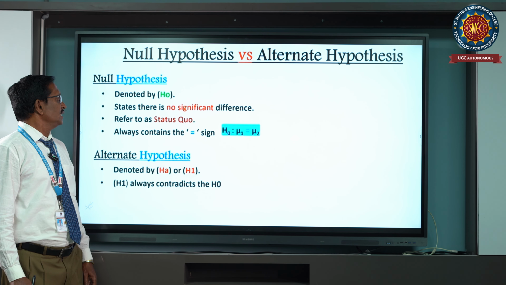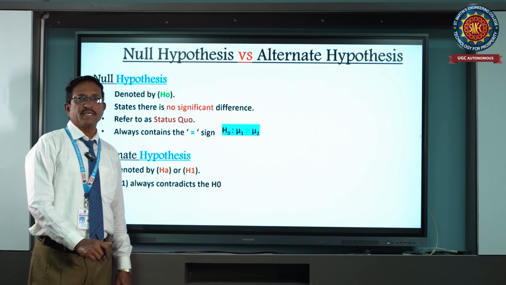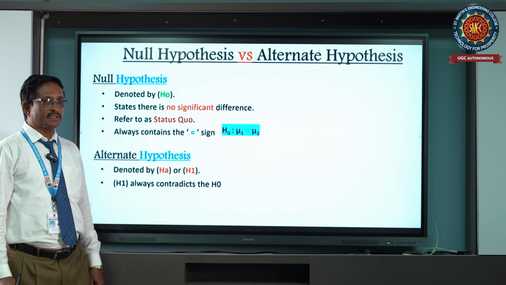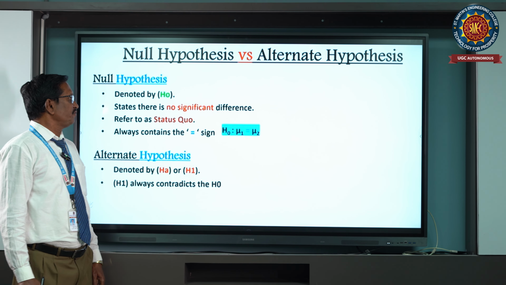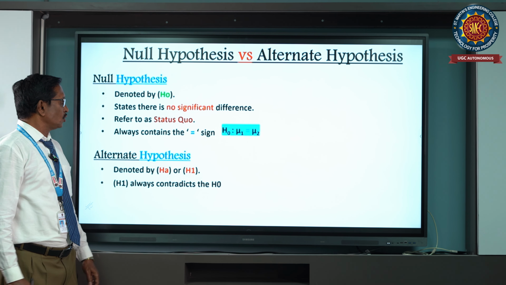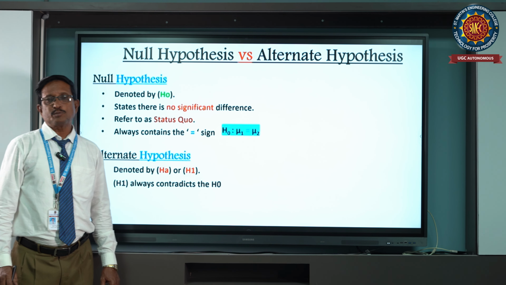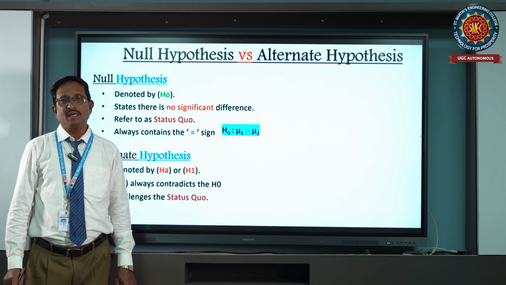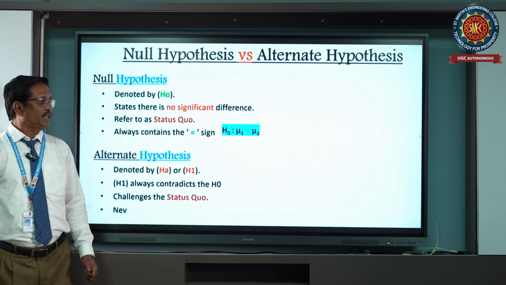The null hypothesis is H0, such that there is no significant difference between two means. It is referred to as the status quo and always has an equal sign. We have to decide on acceptance or rejection depending on the problem.